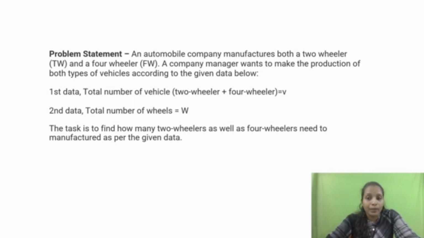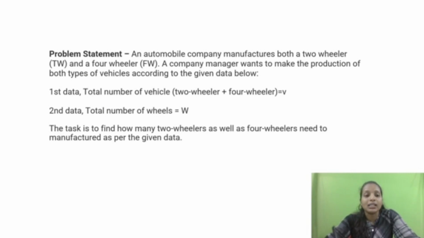An automobile company manufactures both two-wheelers and four-wheelers. A company manager wants to plan the production of both types of vehicles according to the given data. The first data is the total number of vehicles, inclusive of two-wheelers and four-wheelers.